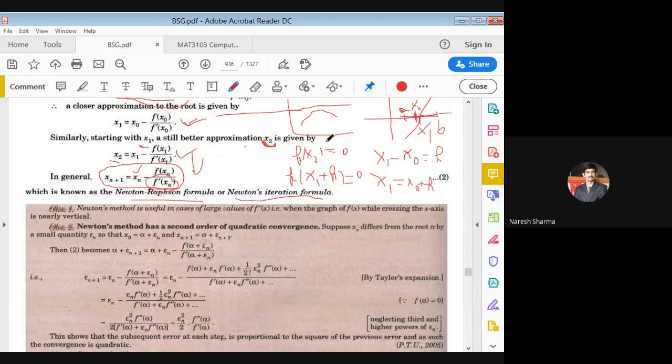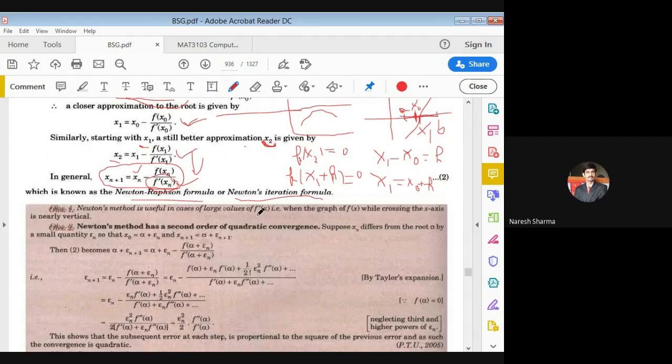If it never touches the x-axis, there is no root at that point. So Newton-Raphson works only when we have a large value of f dash, not a small value, right? For a small value, this method fails.